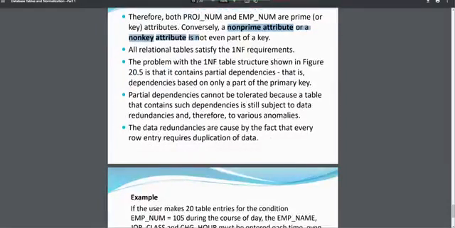I hope you can understand these concepts. Partial dependencies cannot be tolerated because the table cannot contain such dependencies.